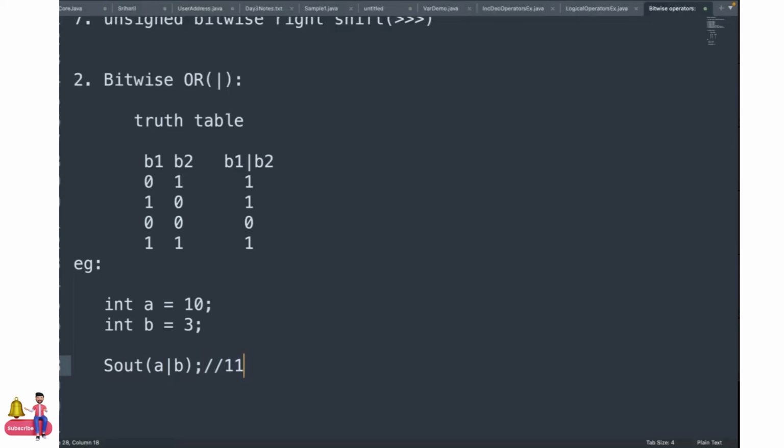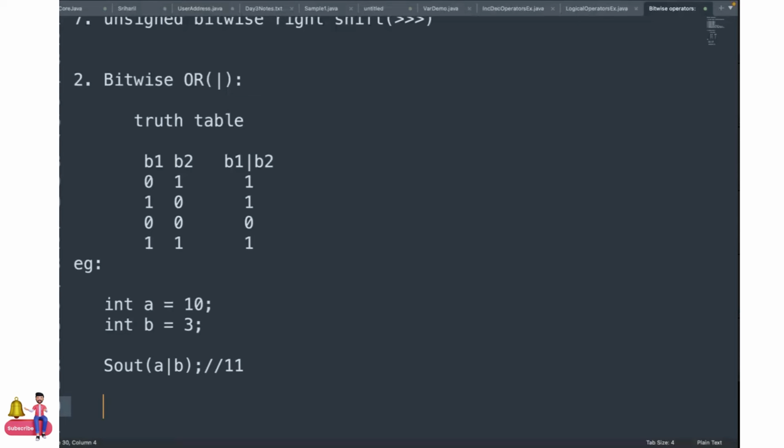For this, I need to represent these decimal values as binary values, right? How to convert a decimal number to a binary number? What is the mechanism we need to use? The answer is going to be 11, so how do we understand how this 11 came out of a or b, when the values of a and b are 10 and 3?